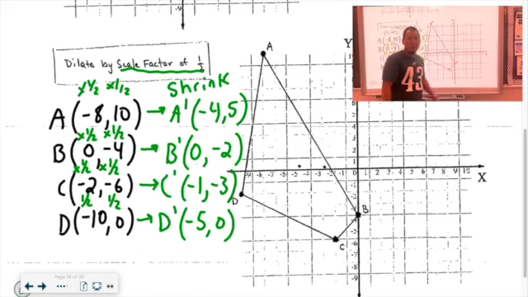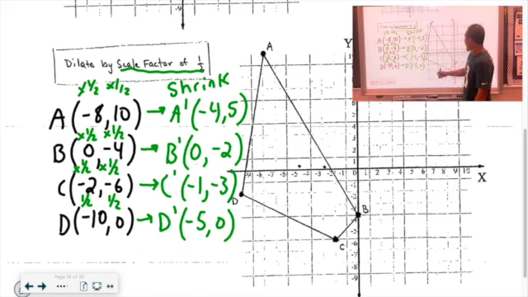And now it's time to plot these points. A prime, -4, 5. It's hard to see, there's 5. So let's call that A prime. B prime, 0, -2. There's B prime.